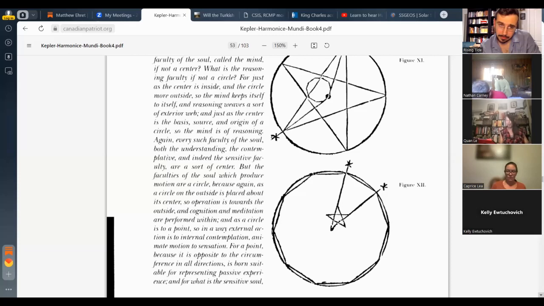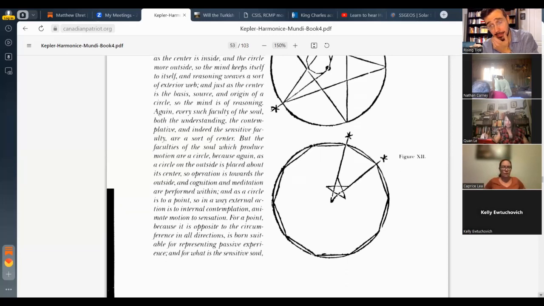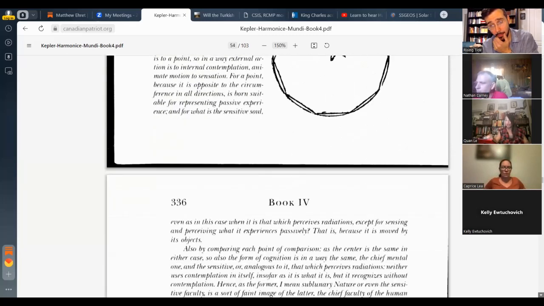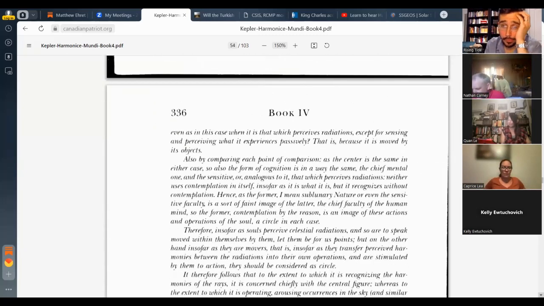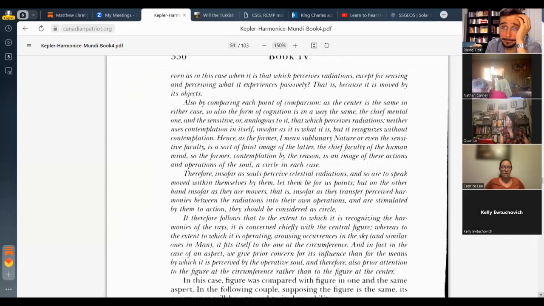For a point, because it is opposite to the circumference in all directions, is more suitable for representing passive experience, and for what is the sensitive soul, even as in this case, when it is that which perceives radiations, except for sensing and perceiving what it experiences passively, that is because it is moved by its objects.